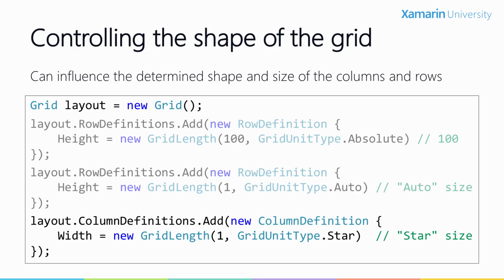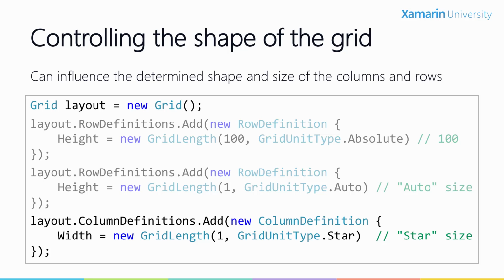Now, if one of those star-sized columns or rows had 2 as the multiplier, then that row or column would get twice the space as the other column. And since this is a double value that you can specify here, you can also pass in things like 0.5, or you can say this column gets 1 times 3 the space compared to the other. And this allows for very, very powerful layouts.